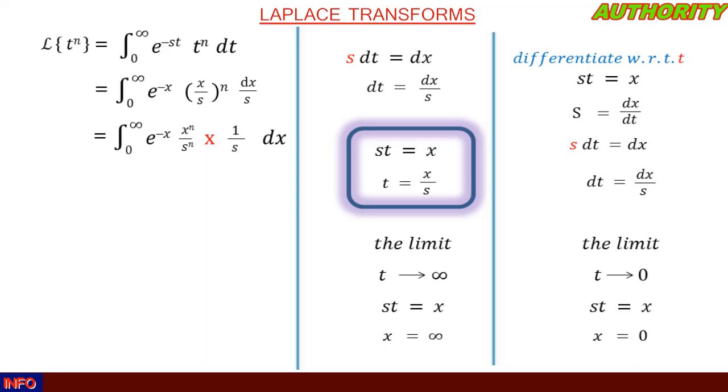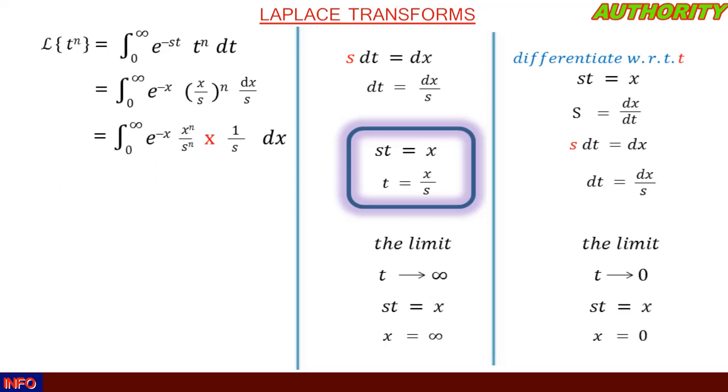That means we are going to have x raised to the power of n all over s raised to the power of n. Multiply by dx all over s, which is the same thing as saying 1 all over s multiply by dx. Alright? Good. Now let's go.